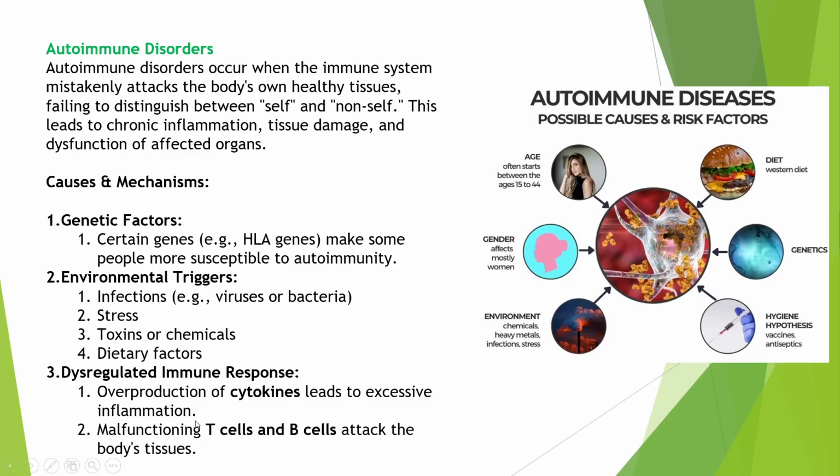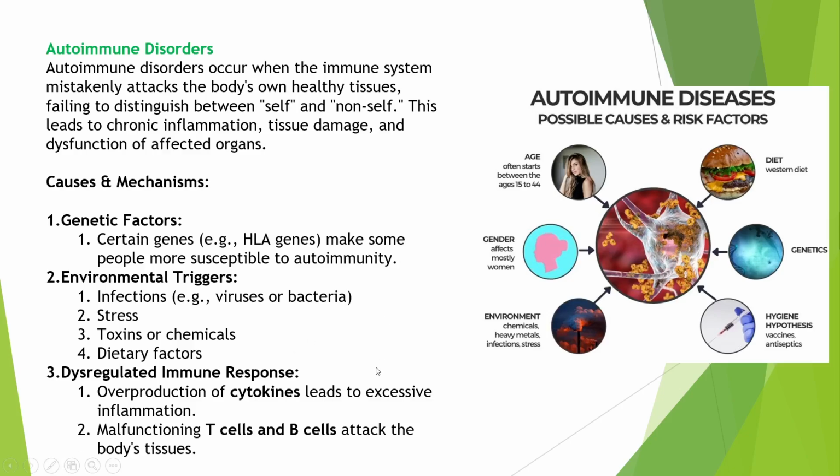And when your immune response is dysregulated, there will be overproduction of cytokines, malfunctioning of your T cells, B cells, etc. Its recognition mechanism is disrupted. So excess production of cytokines will also cause inflammation. There has to be a regulation between your pro-inflammatory and anti-inflammatory cytokines.